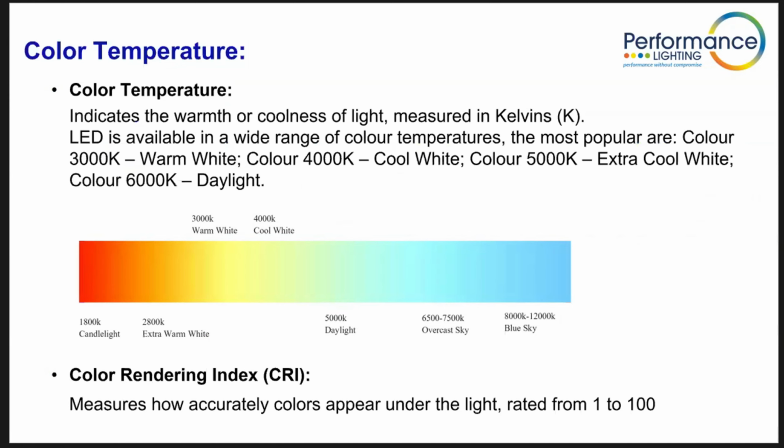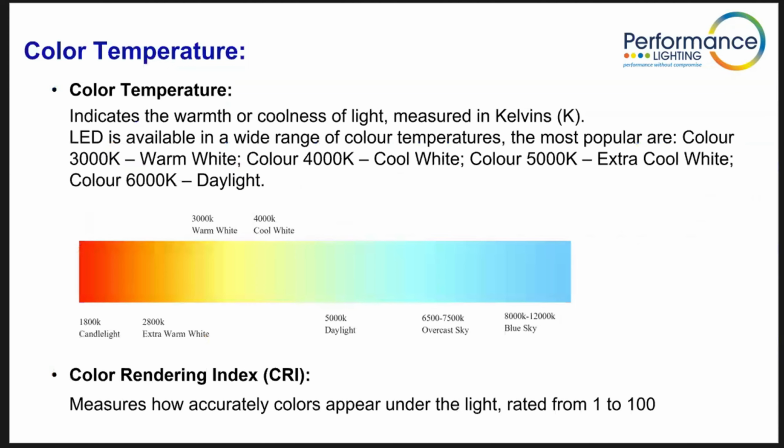If you're not sure what colour temperature you or your customer wants, we can supply one fitting, and then if they say that's a little bit too cold at 6,000K, you could change it to 4,000. Or if they've got an application where they'd like it to look a little bit warmer, they can change it from 4,000 to 3,000.